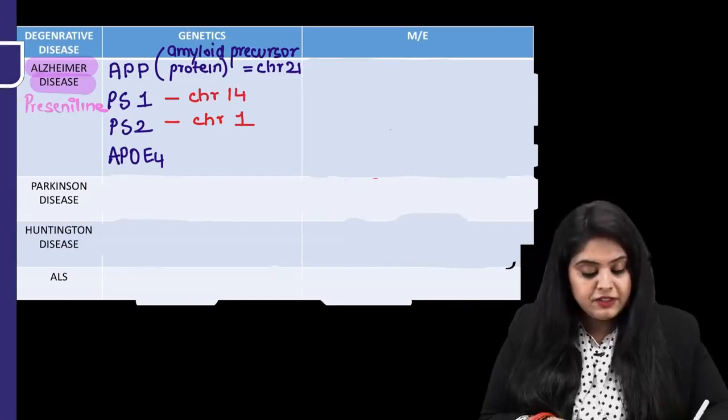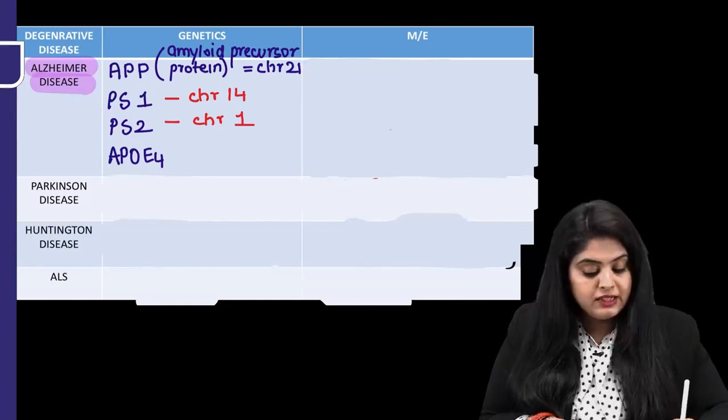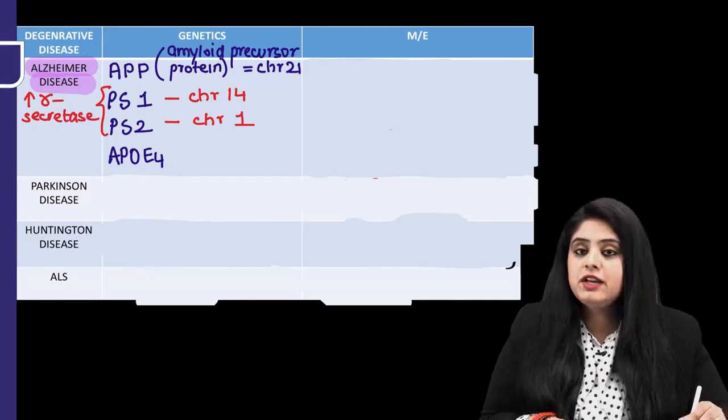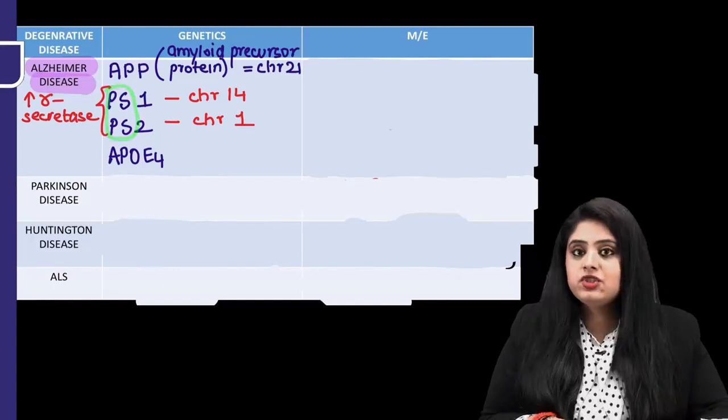If they further ask what these presenilins do, they increase the levels of a particular enzyme in the body, known as gamma secretase. If you go back to the main videos, we learnt it with the help of a mnemonic. I told you that PS, PlayStation, is a game. So game for gamma.